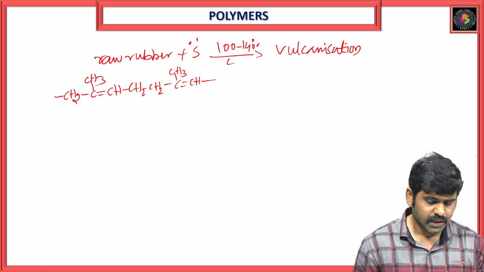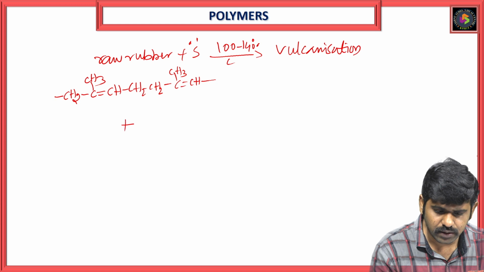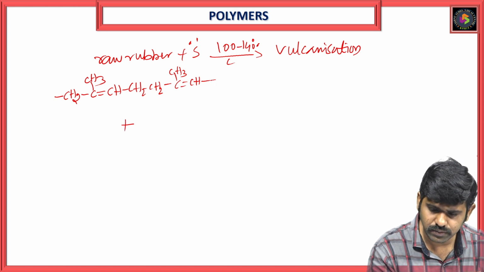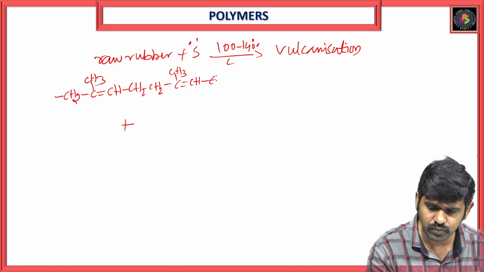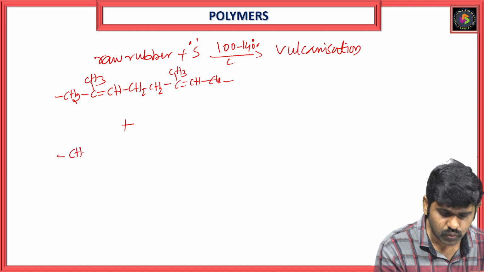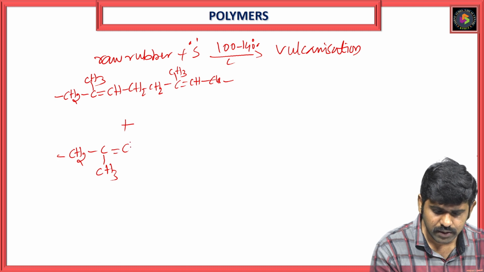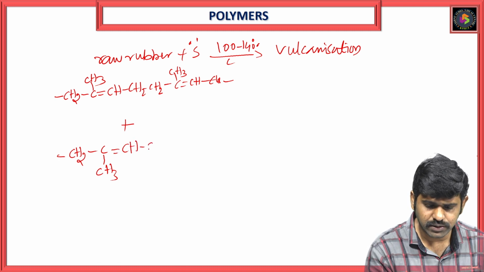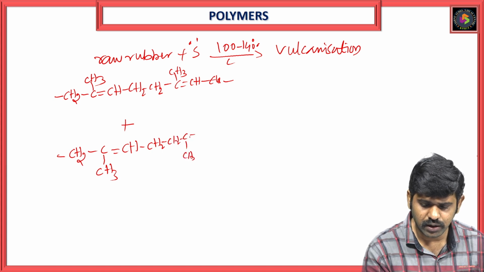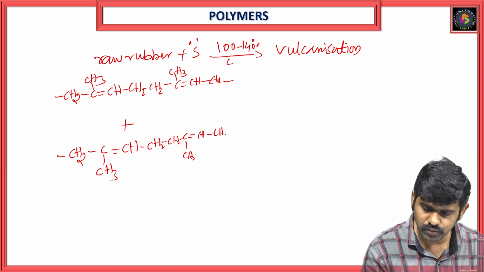One rubber spring, and the other rubber spring is CH2, CH3 double bond CH, CH2, and so on.